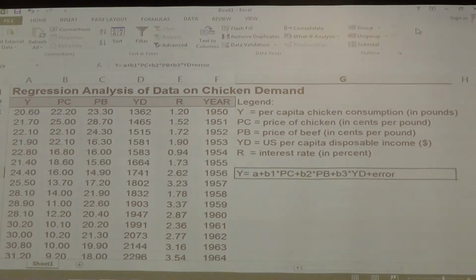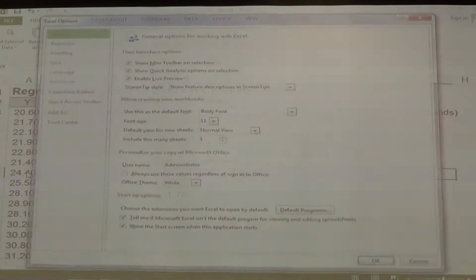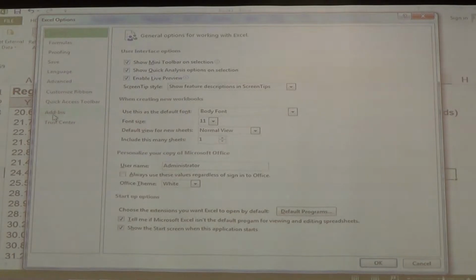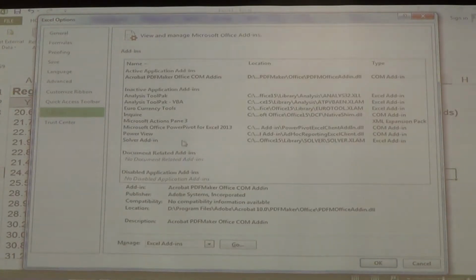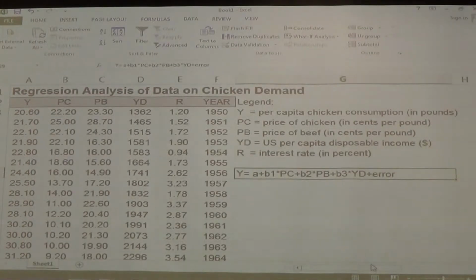But in my case here, there's no such button. So we need to add a button to Excel. So you click File, Options, and choose Add-ins, Analysis ToolPak. Select Analysis ToolPak. Okay.